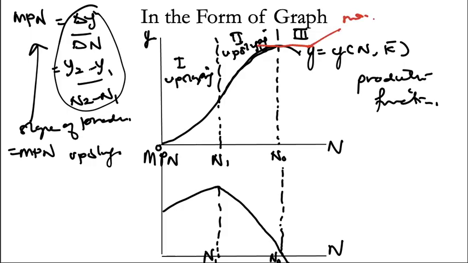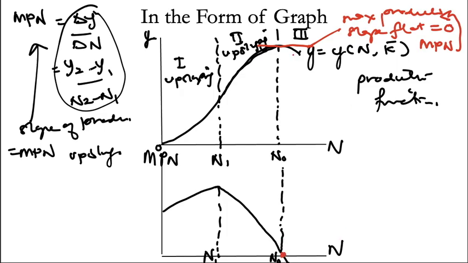At maximum total product, or sorry, maximum production function, the slope is flat. When the slope is flat, the slope is 0. Because MPN is the slope, MPN is 0. That's why you can see here 0.